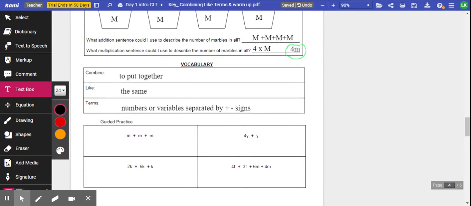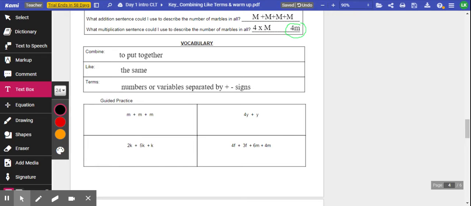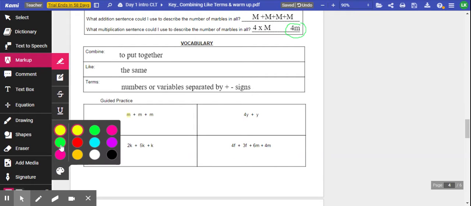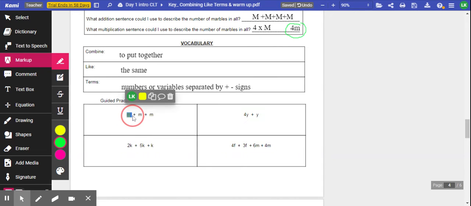So let's look and see down here in this first guided practice section. Let's first just see how many terms are there. I'm going to use my markup tool. I think that's too light to see. Let me try the green. All right.